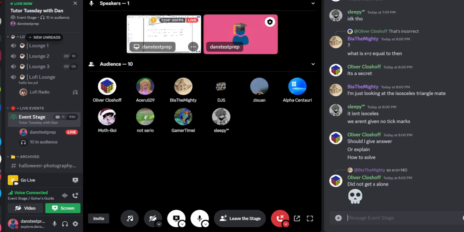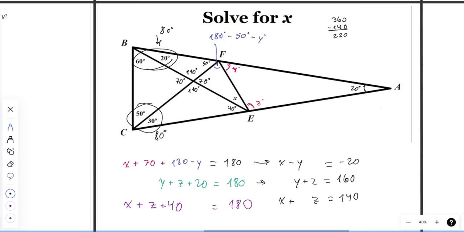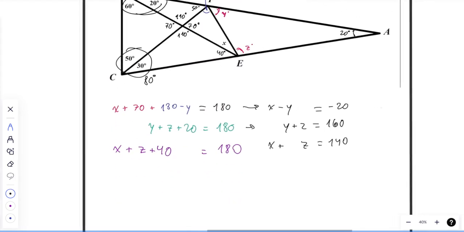What I might do is just substitute. Let's call this equation number 1.